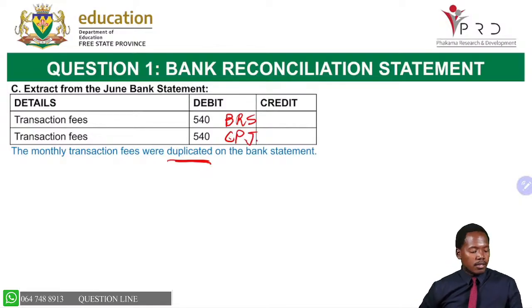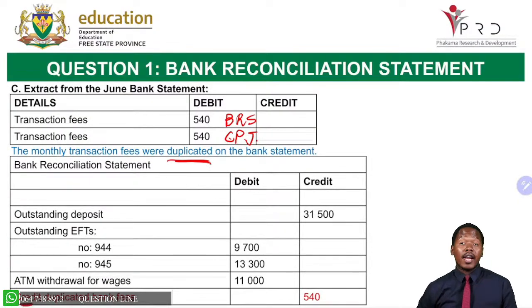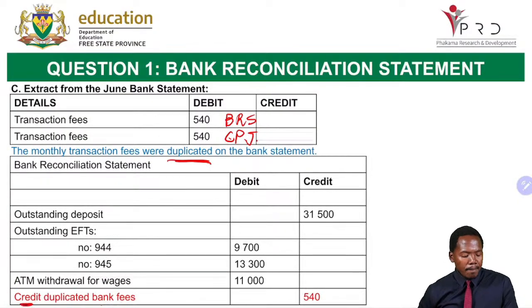So this one will go to our BRS now. So we will say credit duplicated bank fees, and then we record it on the credit side. Why credit side? Because we recorded it twice on the debit side. So mistakes done on the debit side are corrected on the credit side.